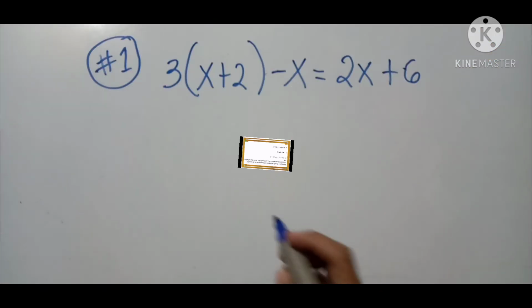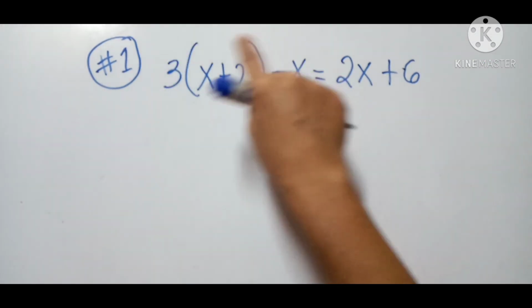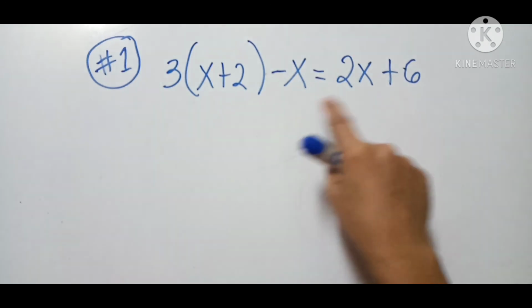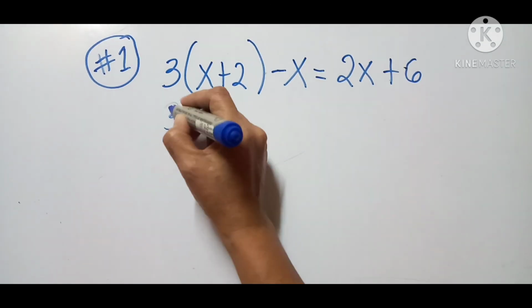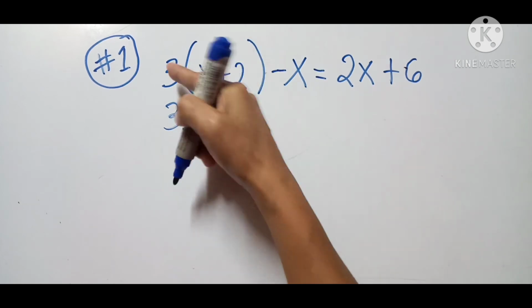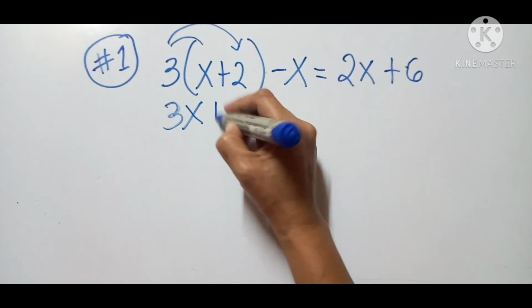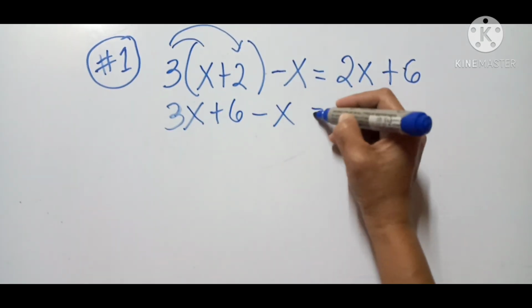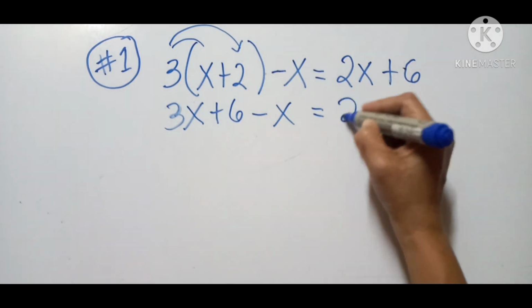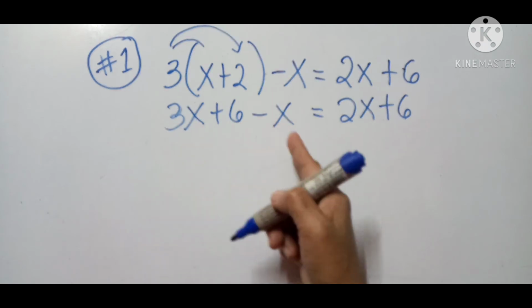We have the first example. Let's distribute 3 to x plus 2 and then copy the rest. So 3 times x, then 3 times 2, which is 6. Then copy, minus negative x equals 2x plus 6. Then combine like terms.